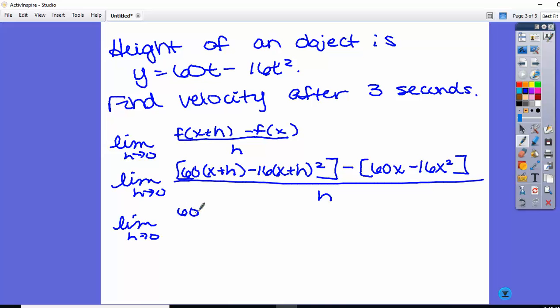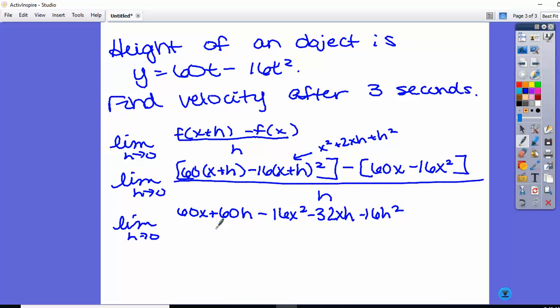So distribute, we get 60x plus 60h. We have to FOIL this one and distribute a negative 16. So x plus h squared turns into x squared plus 2xh plus h squared. Multiply by negative 16, so we get negative 16x squared minus 32xh minus 16h squared. Then I have my minus 60x and plus 16x squared, over h.